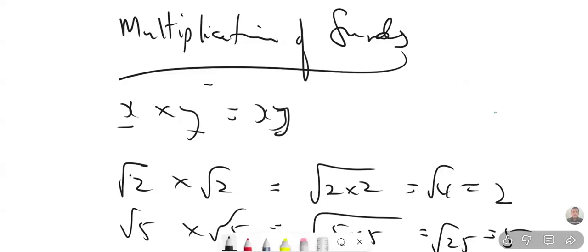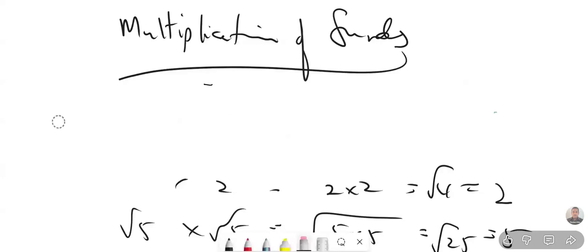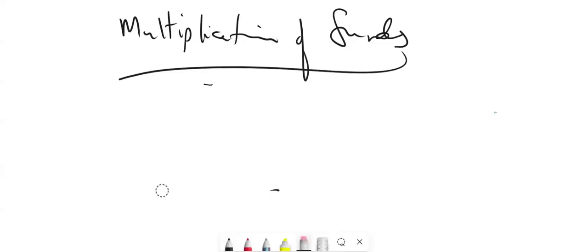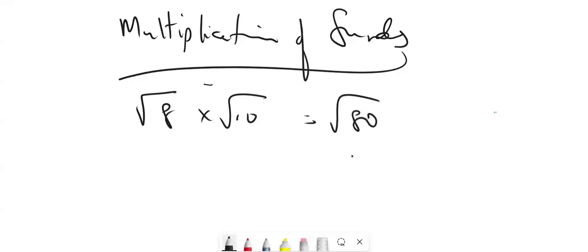It's not always so plain like this, right? Maybe it's a little more complicated. Let's say you have root 8 multiplied by root 10. So what can you do with that? That would be root 80, right? And you can now see if you can simplify that.